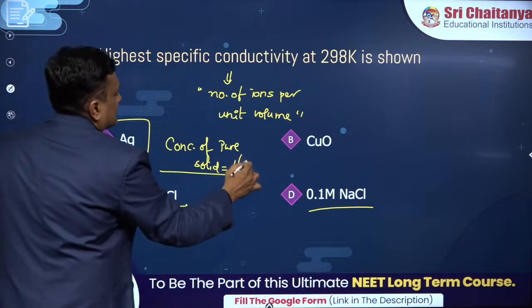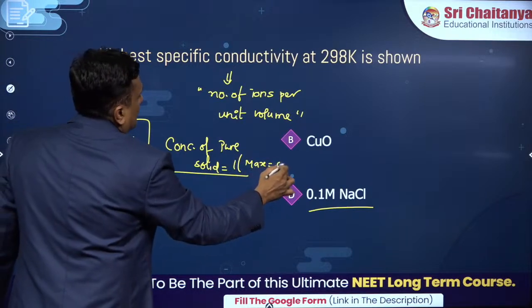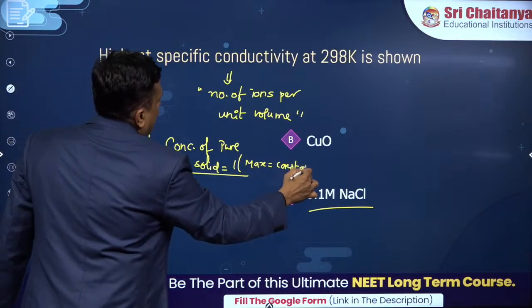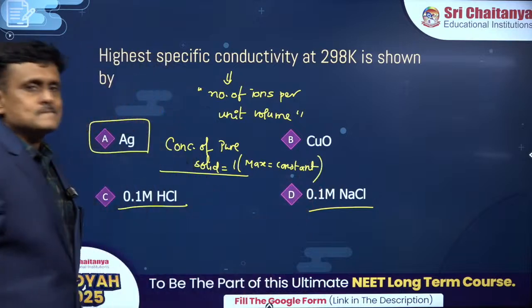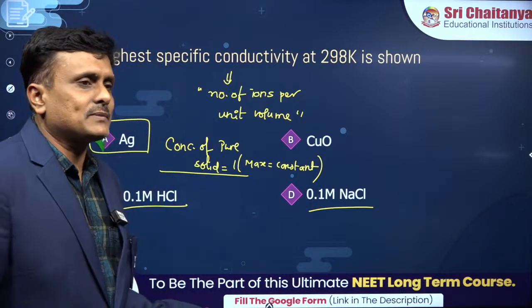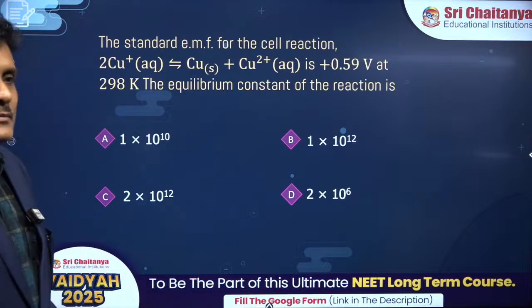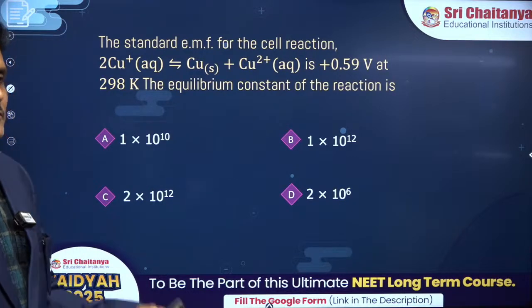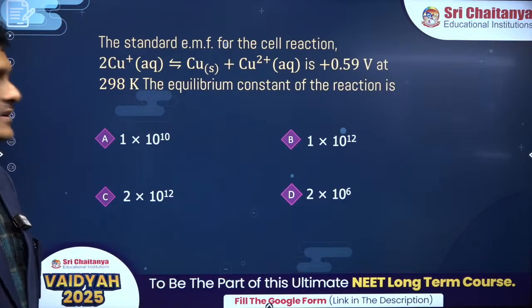That is maximum, which is constant. Maximum number of ions are present in that particular solution. That's brilliant. Brilliant, Arjun. I don't know what made you say that, but your answer is bang on.